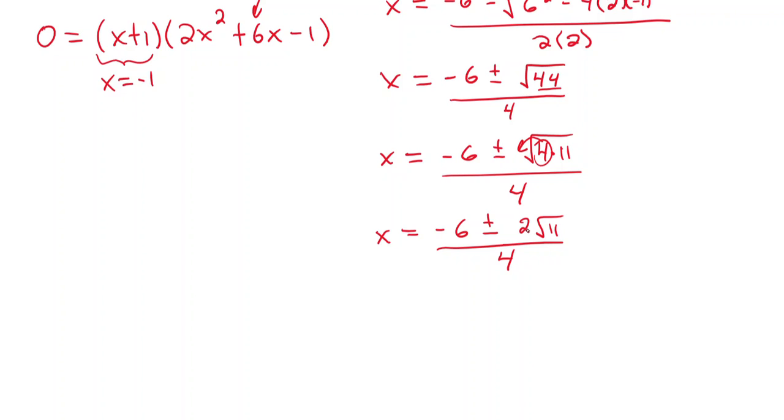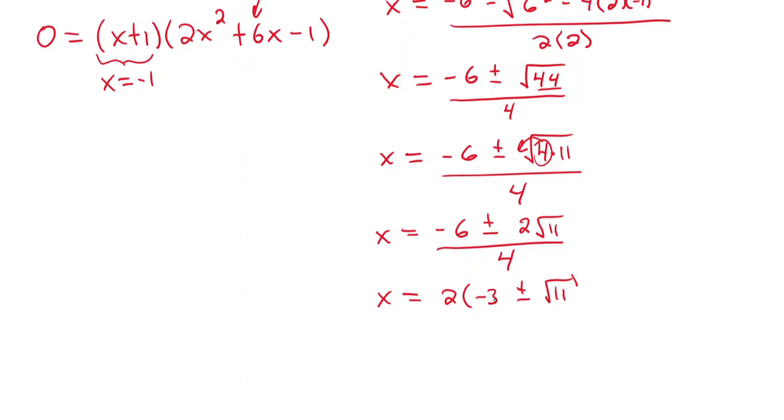If I want to know what's fair game to cancel with this 4 on the bottom, maybe you can see it now, because it's going to be 6 over 4 and 2 over 4. But the other way of doing this is just to factor out what's common up top. So I'm going to factor a 2 out of this. So I'm going to say, okay, 2, and then I have -6 plus or minus, now the 2's gone, so root 11. Oh, not 6, my bad.